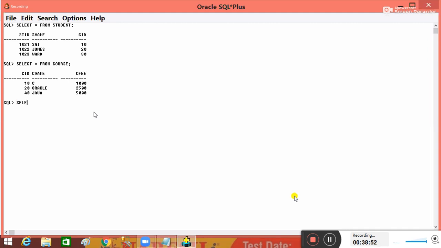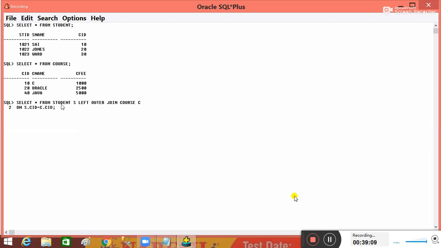Now if I want to write ANSI: select * from student S left outer join course C on S.CID = C.CID.